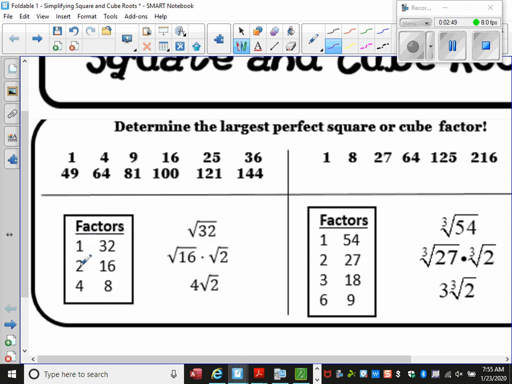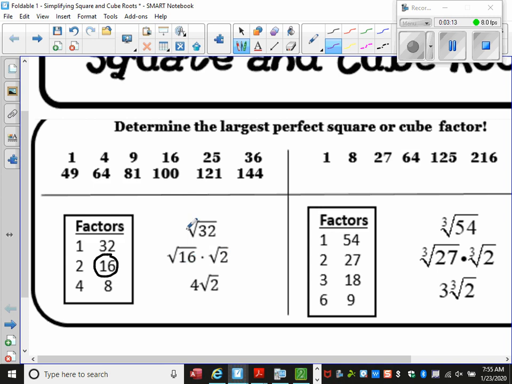If we list the factors of 32, we have 1 and 32, 2 and 16, and 4 and 8. Those are the factors of 32. So the largest perfect square is 16. Those would be the 2 factors you use.